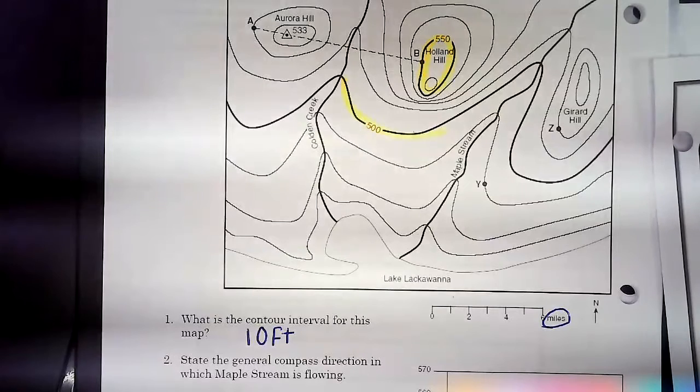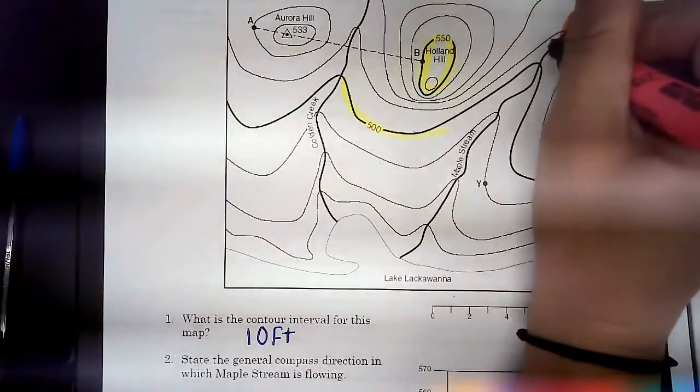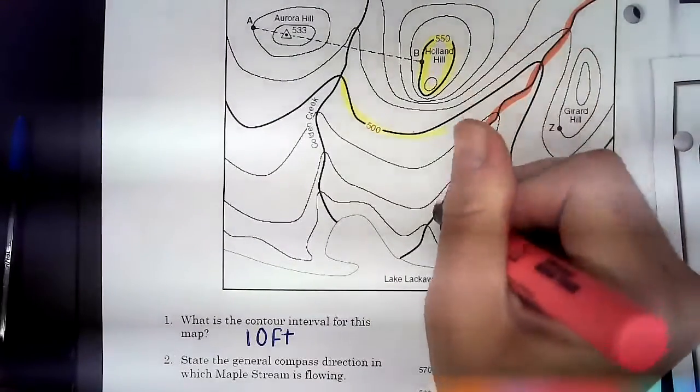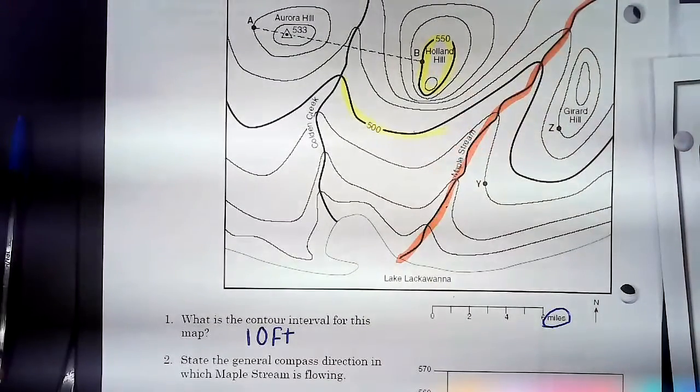All right, the second question is state the general compass direction for which Maple Stream is flowing. So Maple Stream is right here. They want to know what way Maple Stream is flowing. There's two ways to tell this.